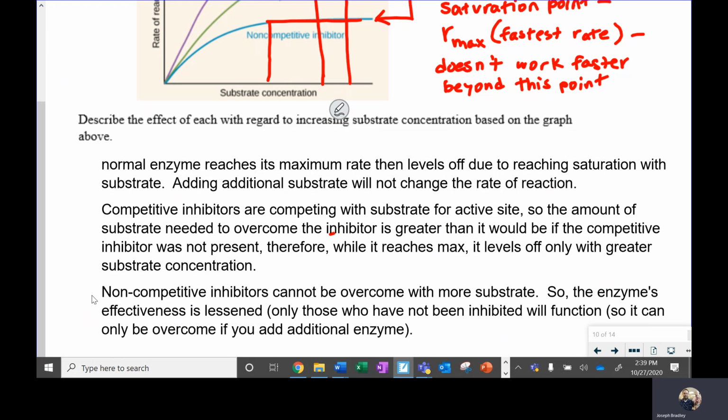If I put 5 marshmallows in my mouth, I'm only going to be able to swallow 4. If I put 6, I can only swallow 4, and 7, 8, 9, to the point where it's just falling out. That's the point: increasing substrate doesn't increase the rate at which it works. The active site is like a mouth that can only eat a certain amount, so it's not going to go any faster than that.